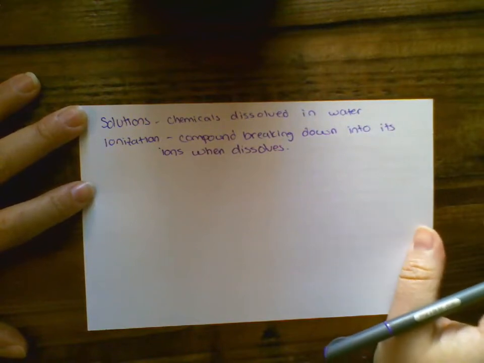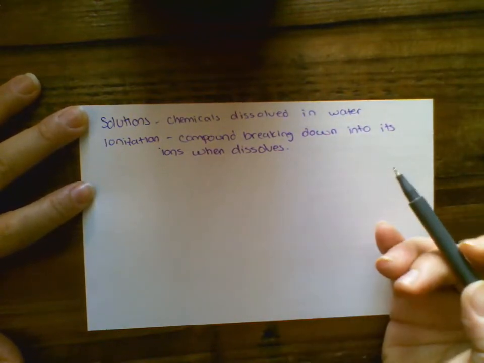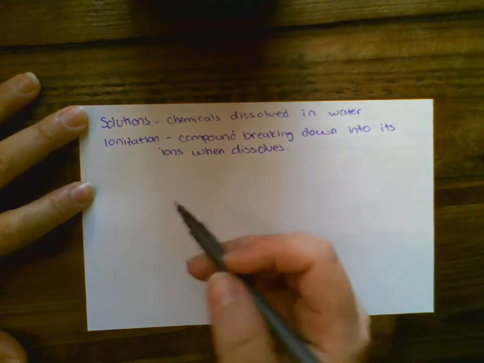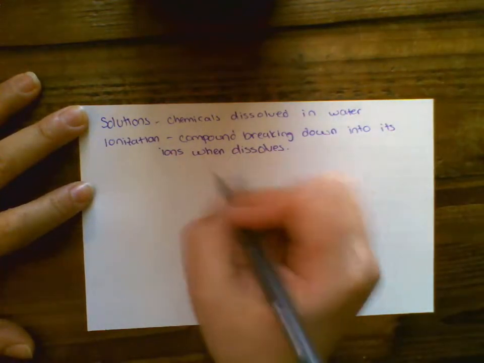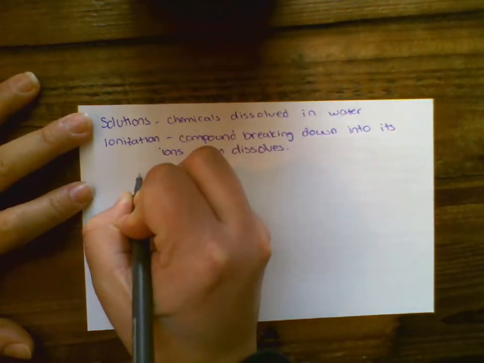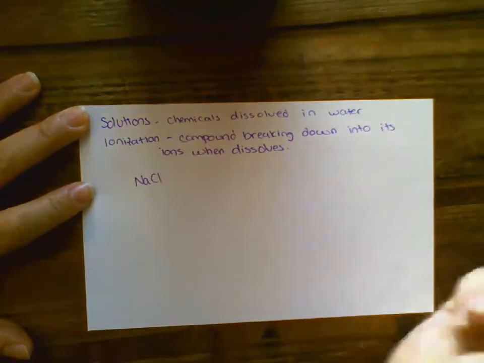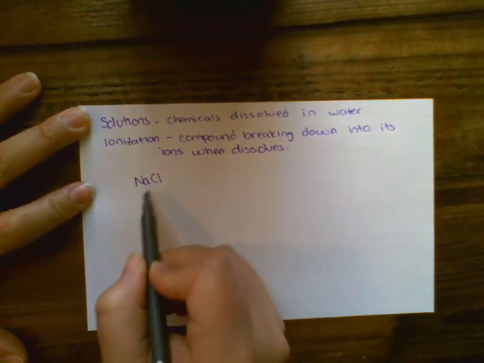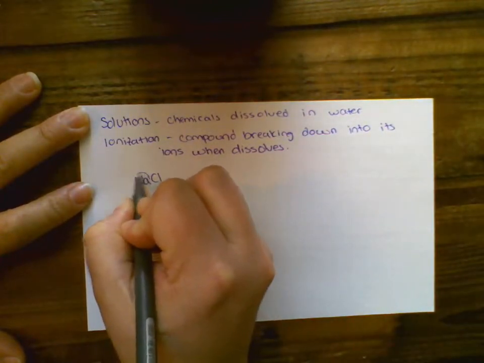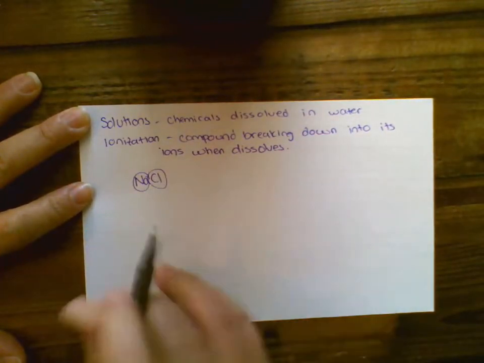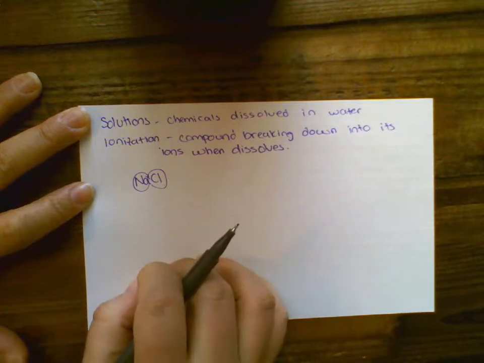Okay. So if you think back to being in class, the most common example we used of this was our NaCl. So remember, NaCl is salt. Okay. And when it's a solid, the Na and the Cl atoms are bonded together. Just like that, they make one molecule.